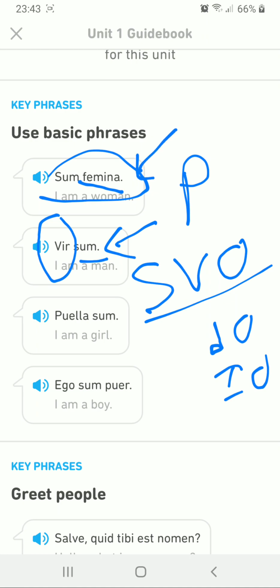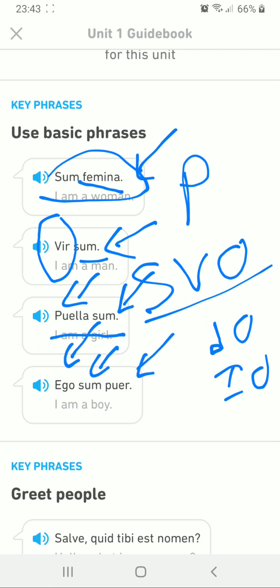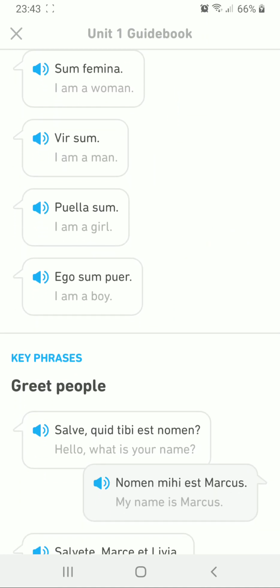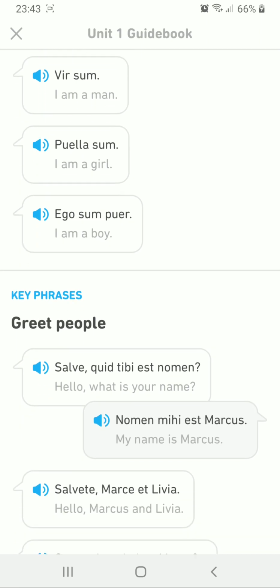Here it's after the verb. Here we have the pronoun, the verb, and the object. So, which means that there is no fixed structure in Latin. That's what we can deduce from this.